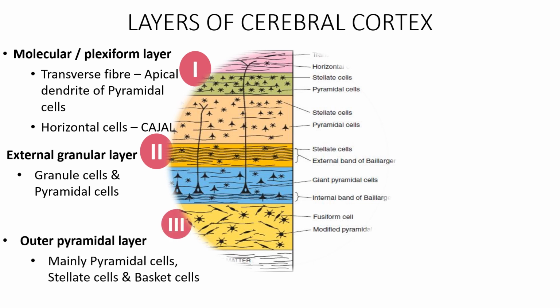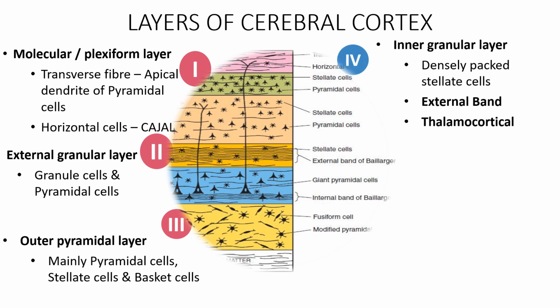And then the third, outer pyramidal layer. It consists of mainly the pyramidal neurons and some stellate cells and the basket cells. The pyramidal cells are of two types. Small cells lie in the superficial zone, and the medium sized cells occupy the deeper zone.